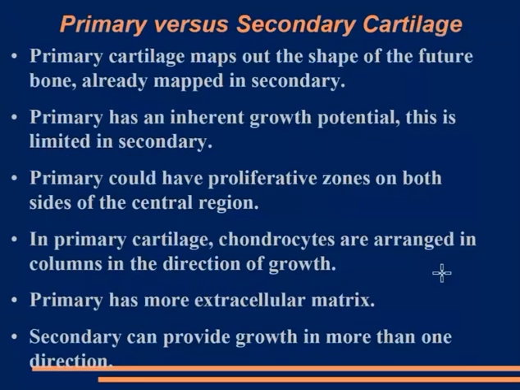This is the final part, talking about primary versus secondary cartilage, and some of it is present in the practical module about the spheno-occipital synchondrosis. The primary cartilage appears with fibroblast-like, undifferentiated cells that go into proliferation.